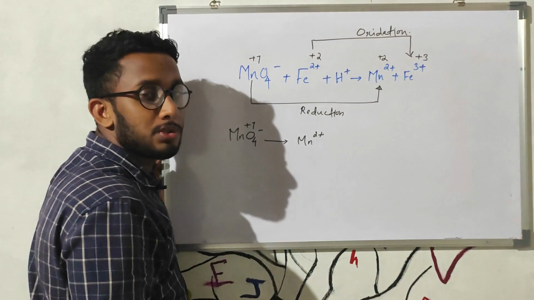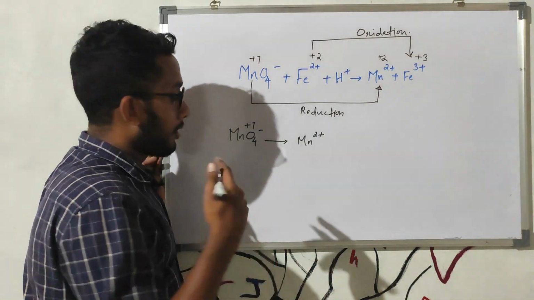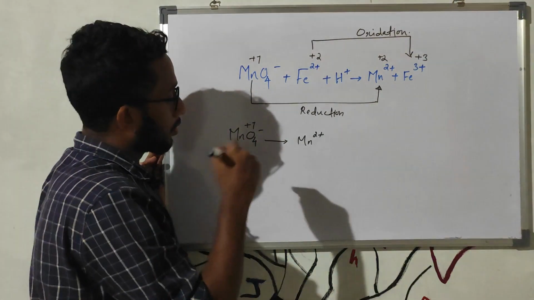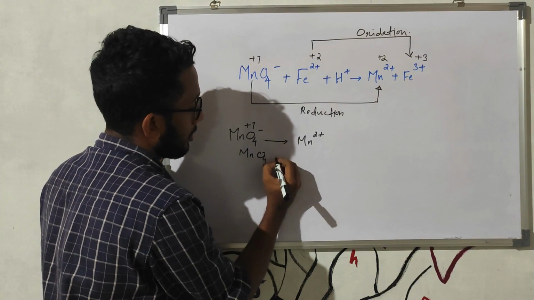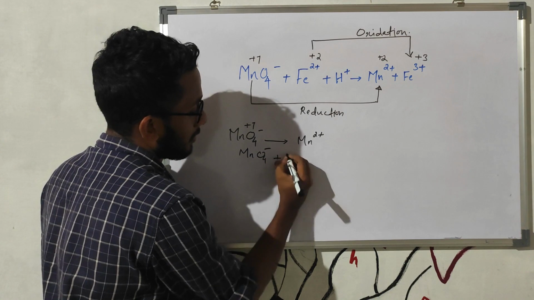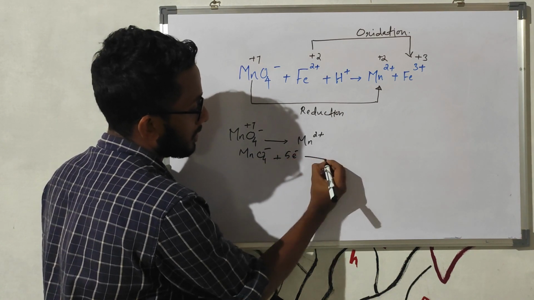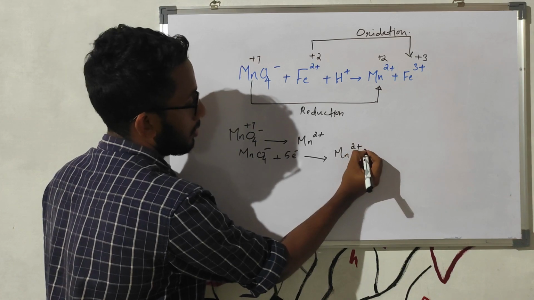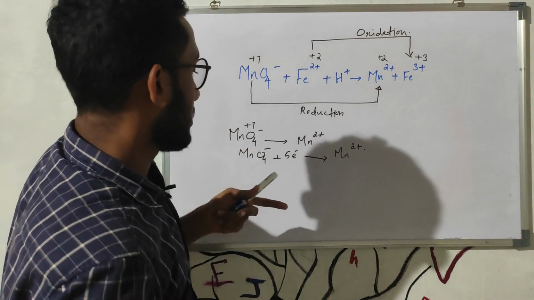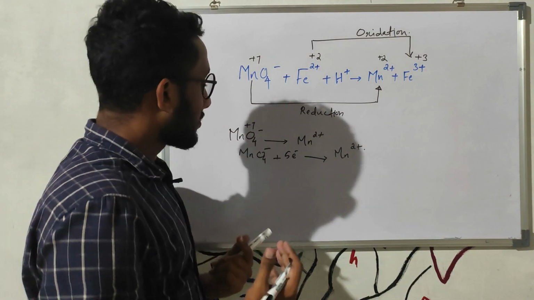By accepting 5 electrons. So we note this in our reaction as MnO4 minus plus 5 electrons gives Mn2 plus. Okay, we have already written this. What's the next step?